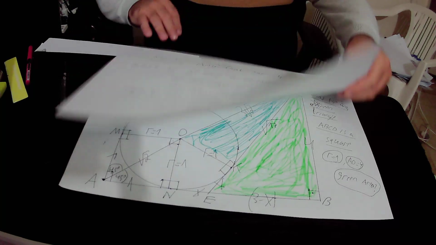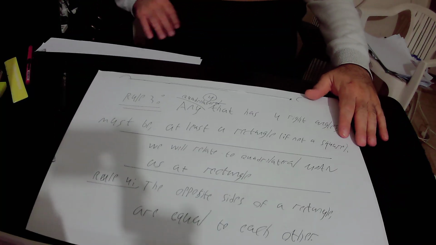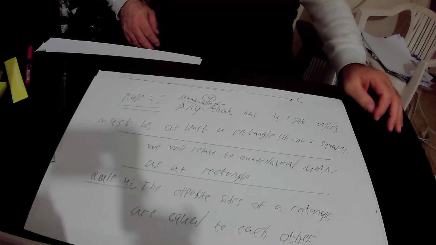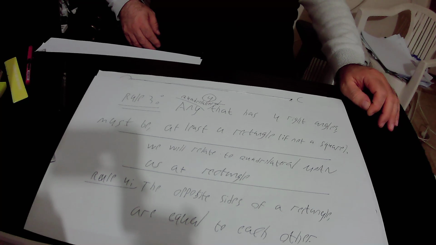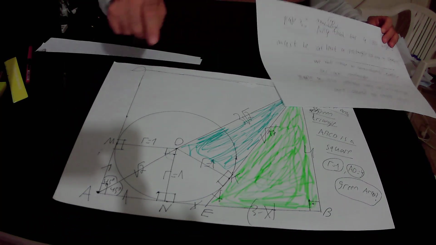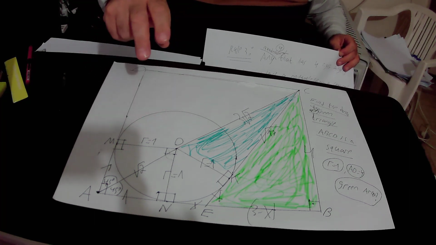And we have also rule number 3. According to rule number 3, any quadrilateral that has 4 right angles must be at least a rectangle, if not a square. And because quadrilateral MOAN has 4 right angles, we will relate to it as a rectangle.